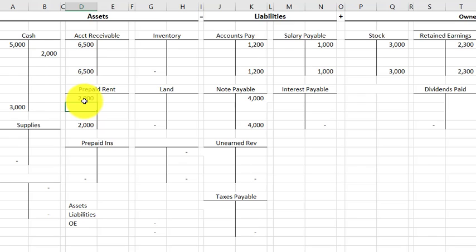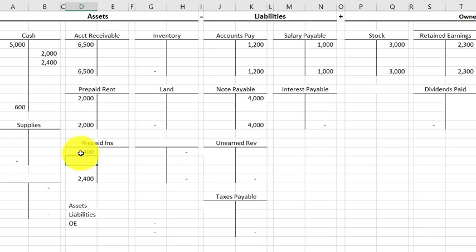We also purchase insurance that will last 6 months. So that's prepaid insurance. That's the second transaction. Our cash is going to go down with the credit, and we're going to have a prepaid insurance debit.